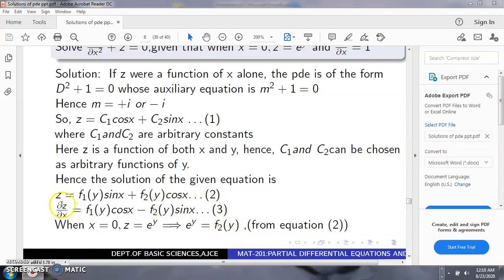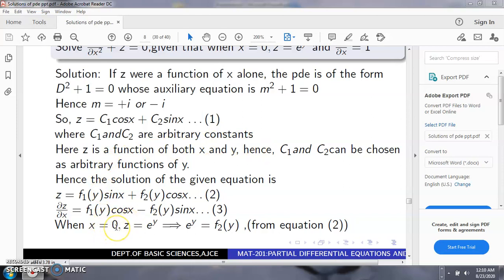Now differentiating equation 2 partially with respect to x, since our second condition is given in terms of ∂z/∂x. So ∂z/∂x is equal to f1(y) into the derivative of sin x, which is cos x, plus f2(y) into the derivative of cos x, which is -sin x. We take that as equation number 3. Now we apply our next condition, that is when x is equal to 0, ∂z/∂x is equal to 1.